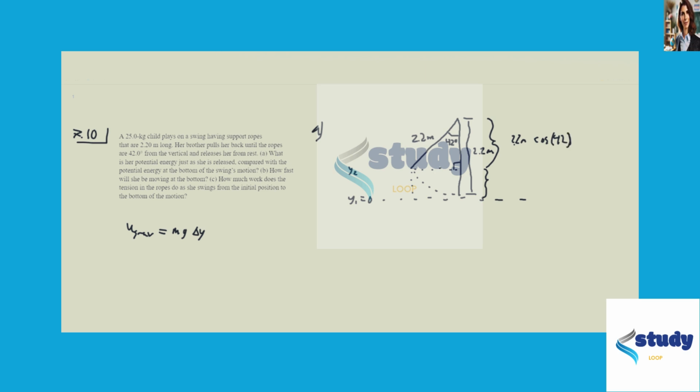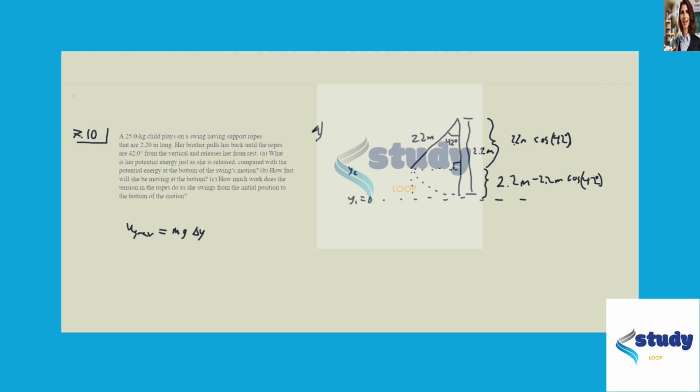Okay, so then this distance should just be this total length, 2.2 meters, minus 2.2 meters cosine of 42 degrees.